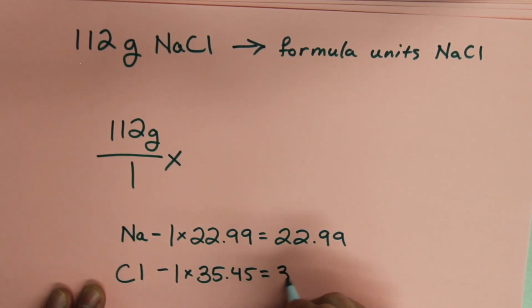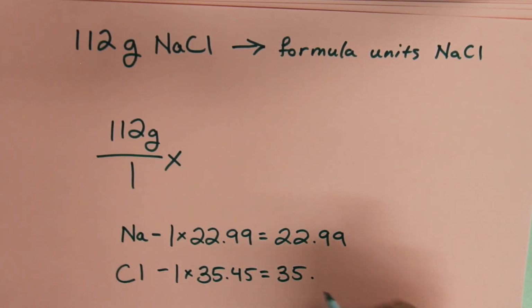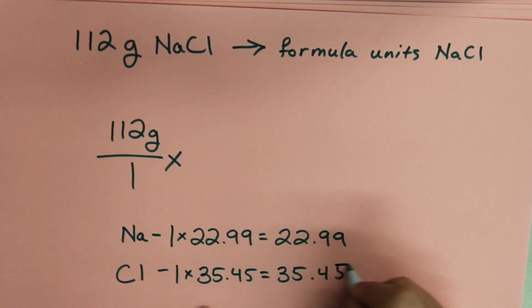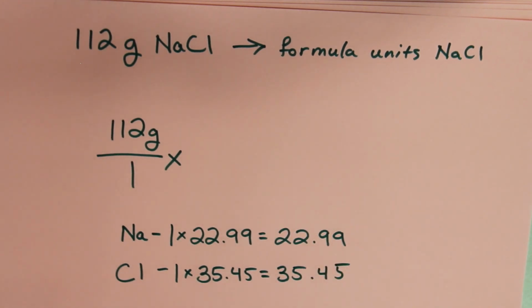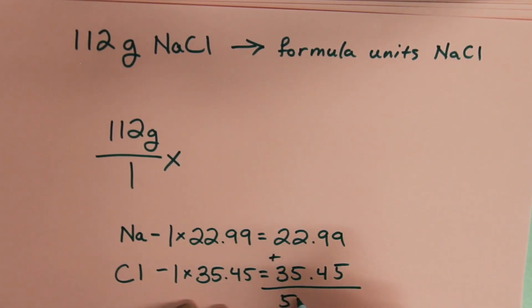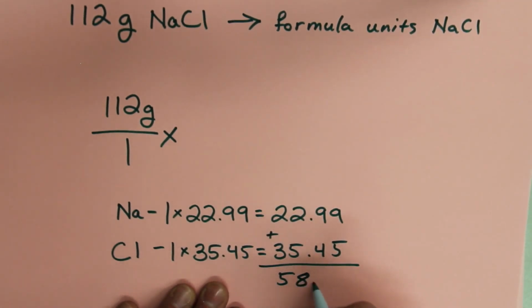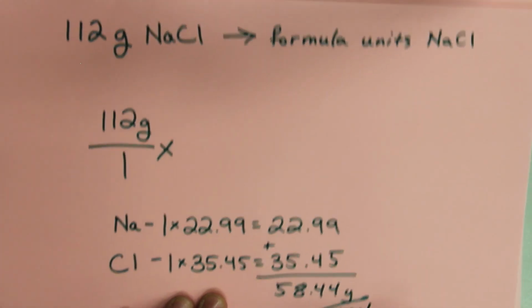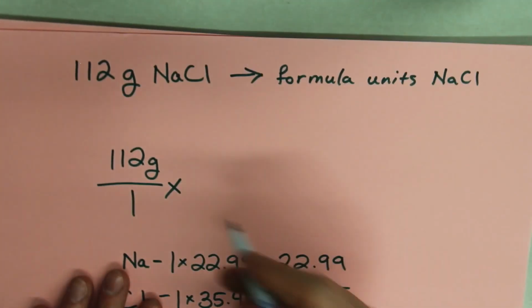So when we multiply that together, we get 35.45. All right. Last step, we have to add these 2 numbers together, and we get 58.44 grams per mole.